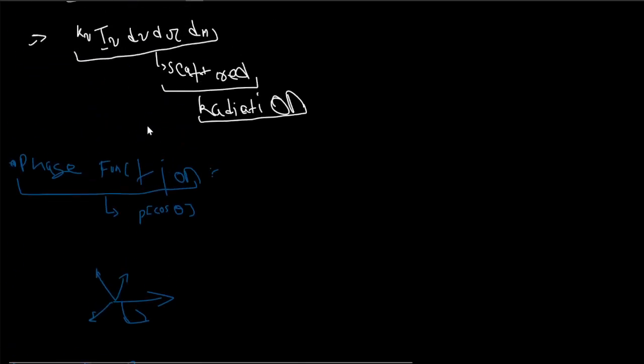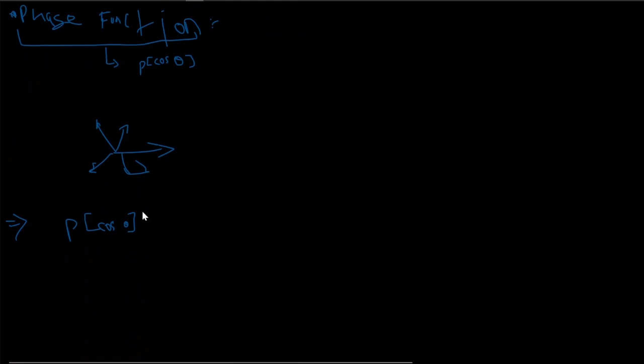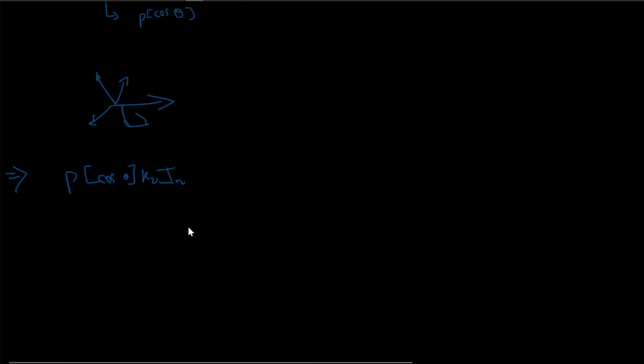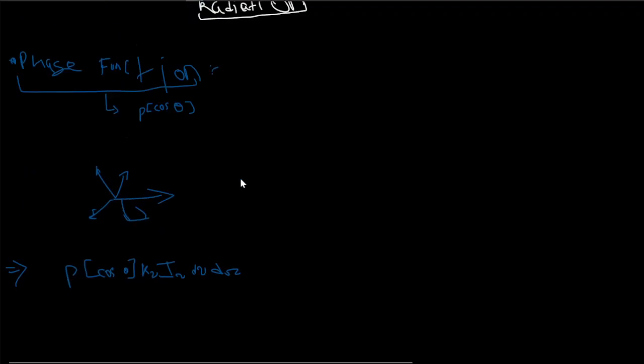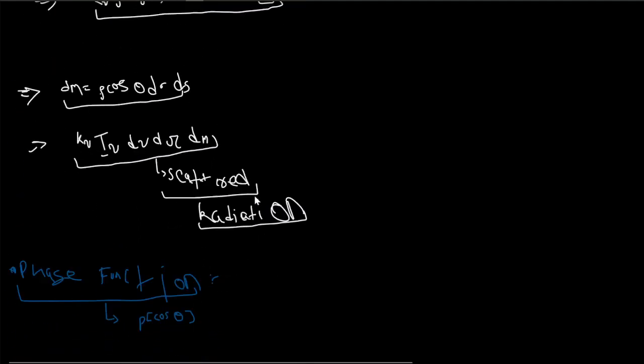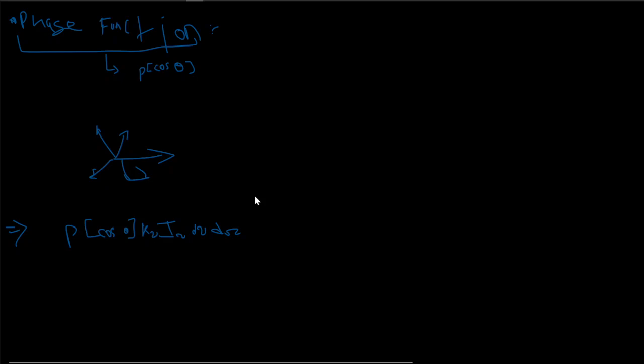Multiplying it with this equation yields k mu I mu and d mu d omega, and finally dm here.